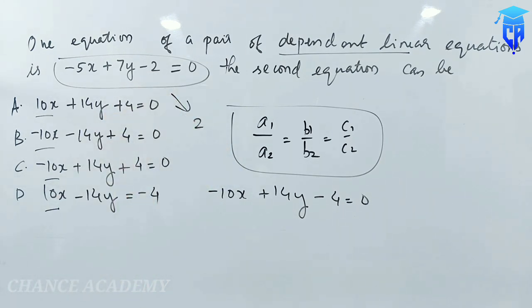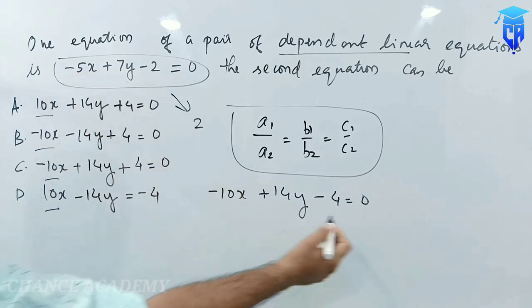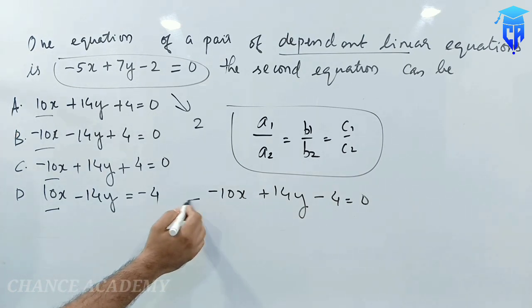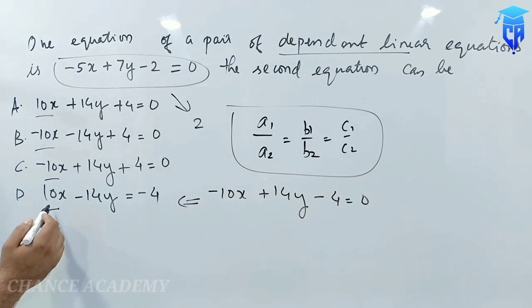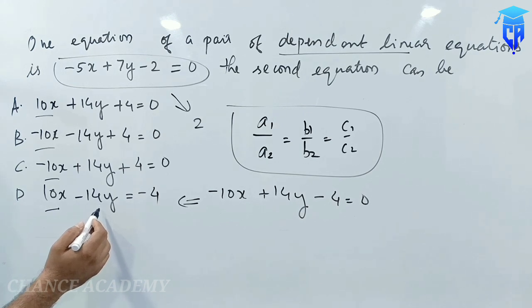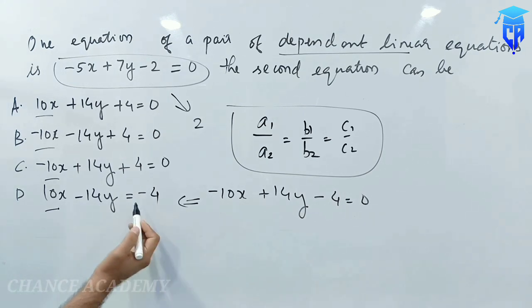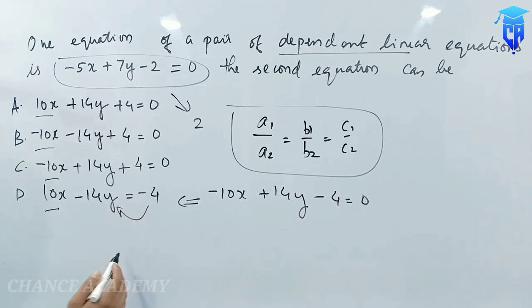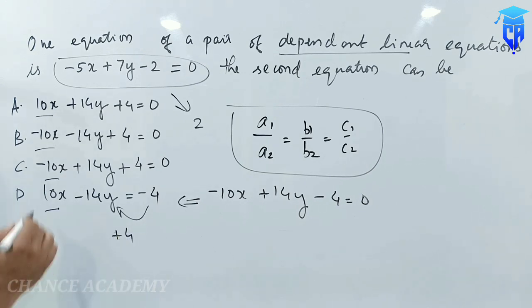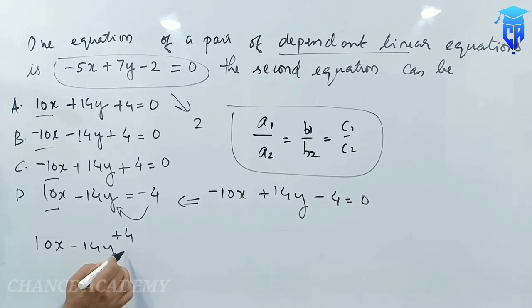So the question is, the second equation can be one of these. It can be any other equation. On multiplying with 2, you'll be getting this equation, and compare this with option D. Here it is 10x minus 14y, we have plus 14y, and minus 4 on taking to the left side will be plus 4. So option D is actually 10x minus 14y plus 4 is equal to 0.